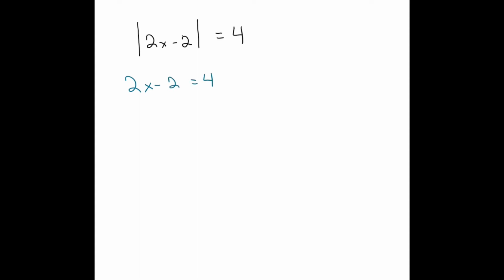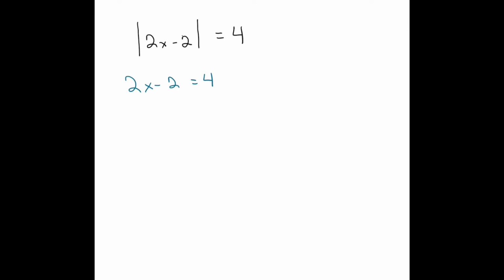We're able to say that because one way that we could get this left side of the equation to equal 4 would be for the inside to equal 4. Just what I showed you before, the absolute value of 4 is equal to 4, right? So that is why this equation is true.